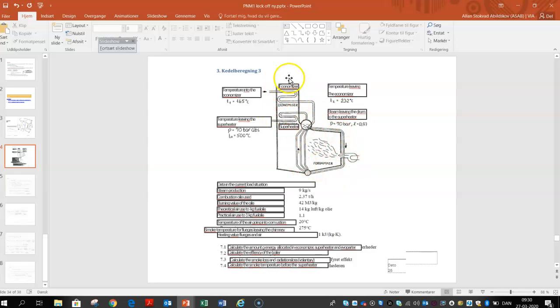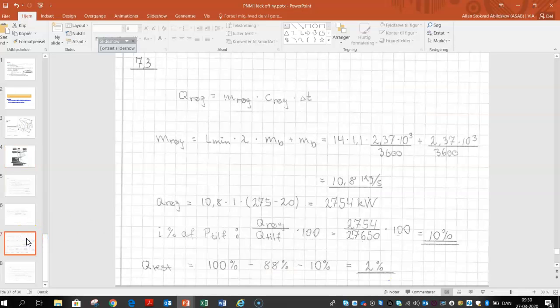Then some of it leaves in our chimney. Then we also have radiation loss. That is our heat transfer to the surroundings. That's typically around 2% for boilers. And question 3: calculate the smoke loss and radiation loss. Let's see how that is done.